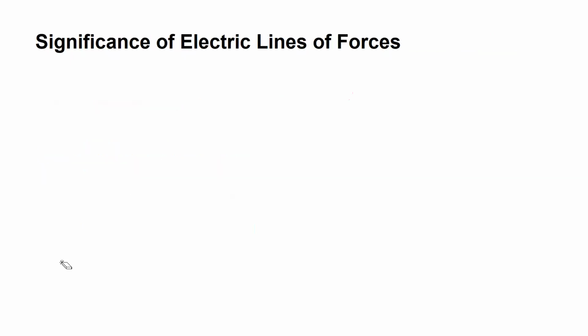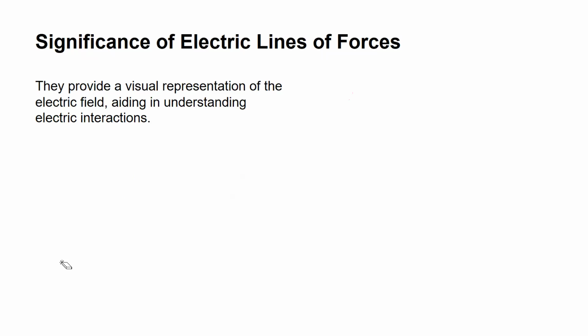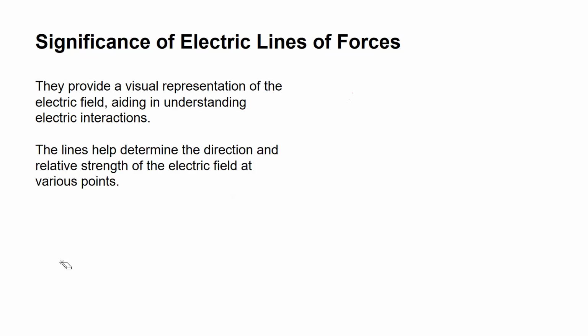So what is the significance of electrical lines of forces? They provide a visual representation of electric field, aiding in understanding electric interactions. That is number one. And the lines help determine the direction and the relative strength of electric field at various points.